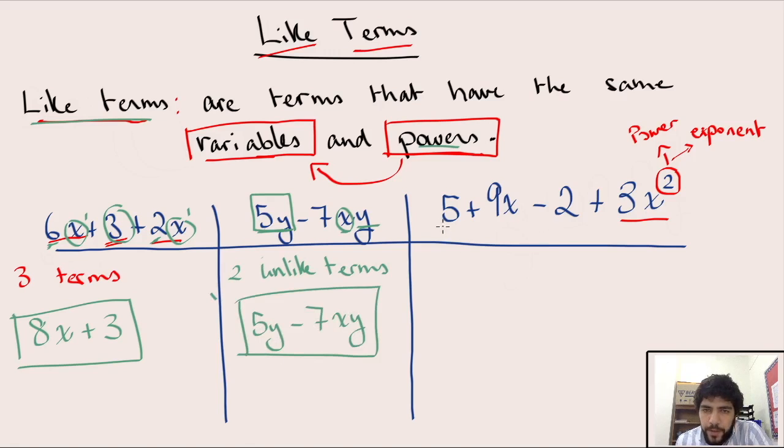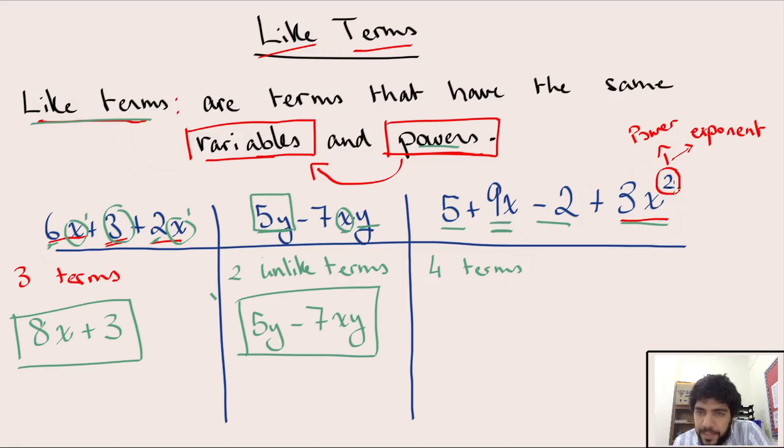In the last one, we have 5, we have 9x, we have negative 2, and we have 3x squared, 3x to the power of 2. So 5 has no variables next to it, and the only thing like that is the negative 2. So 5 and negative 2 are like terms, okay? We have 4 terms total here. Then the 9x, I'm going to put 2 lines underneath it to differentiate it.